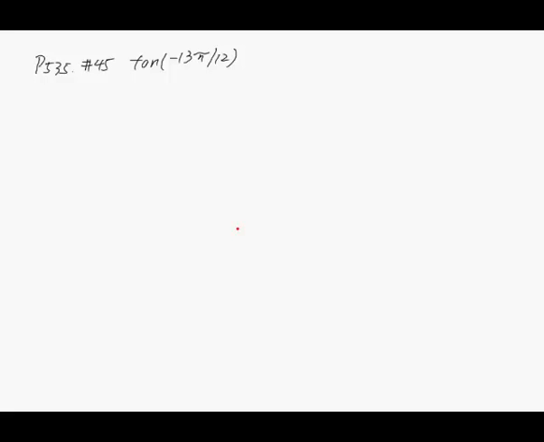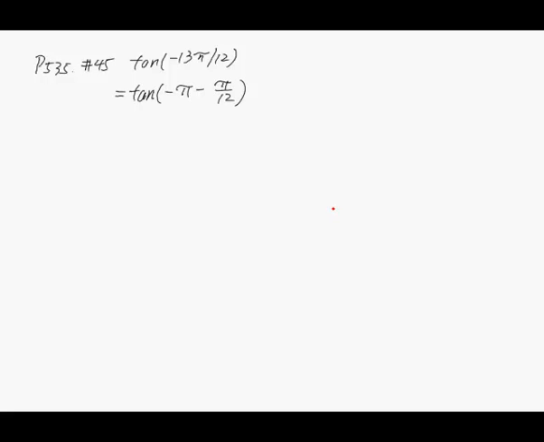So actually, since 13 pi over 12 is bigger than pi, we may first write this as a multiple of pi plus another angle. So this is equal to negative pi minus pi over 12. And we know the tangent has the period pi, right?